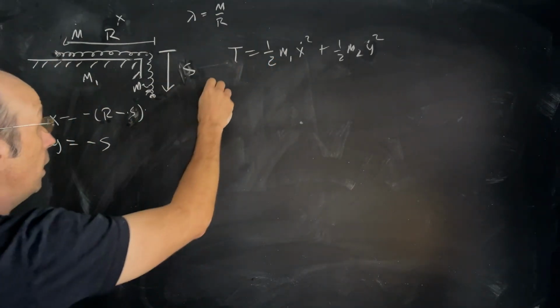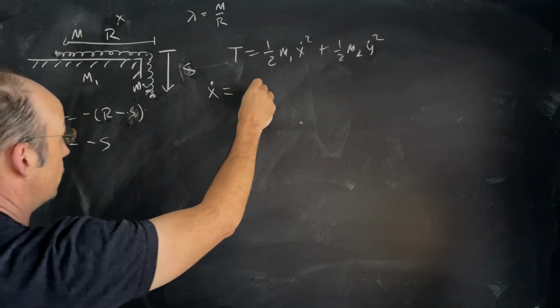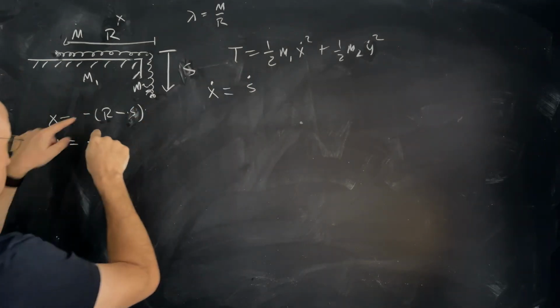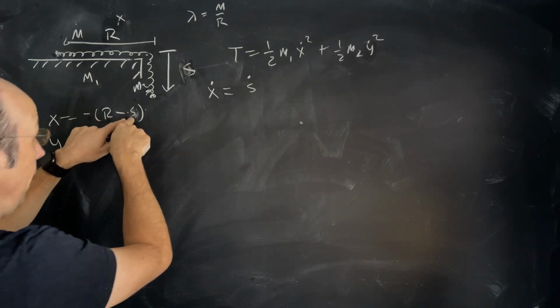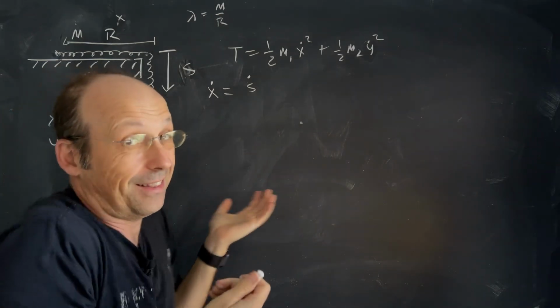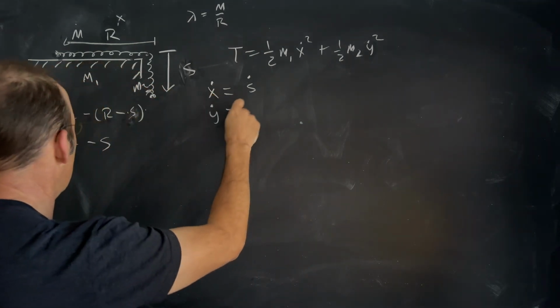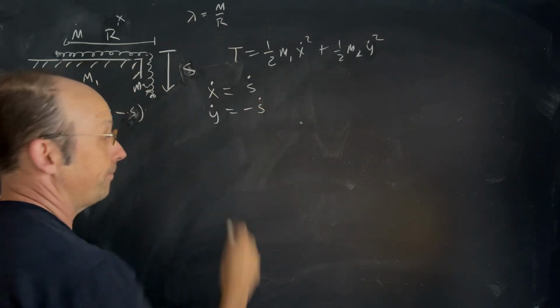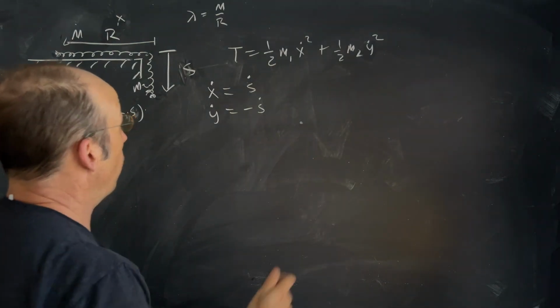That's not too hard. x dot is going to be equal to the derivative of this, which is going to be s dot, because I have negative r, and then I have plus s, and I take the derivative of that. r is constant, so it goes away. And then y dot is going to be equal to negative s dot. Again, that's a pretty easy derivative to take. Now what about m1?